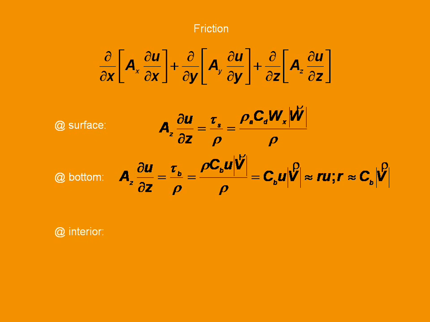This is the crucial part in fluid mechanics. How to parameterize these A sub z du dz terms in the interior of the water column. Have you heard of any ways of doing it? For those of you who use models, you should know.